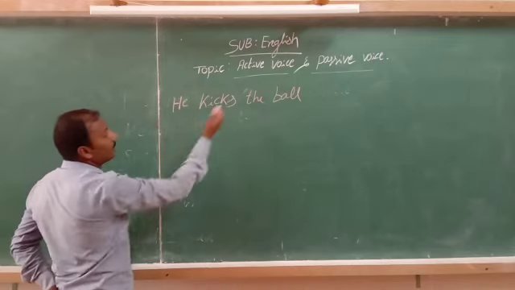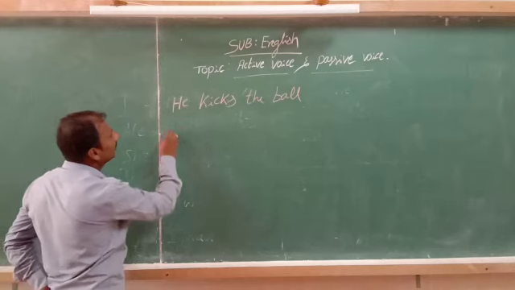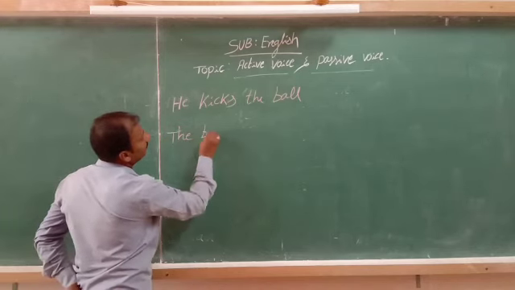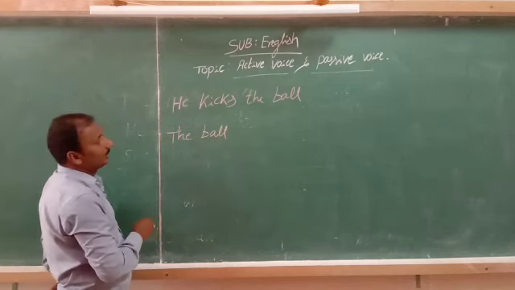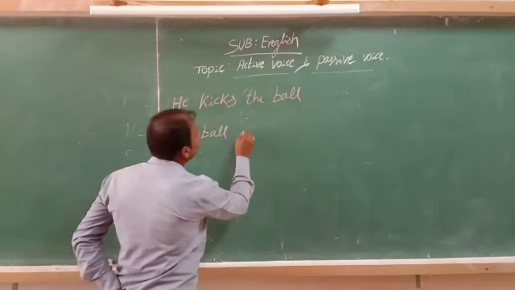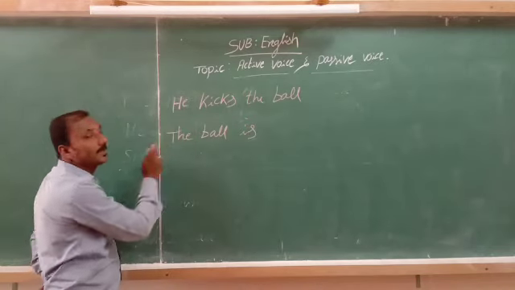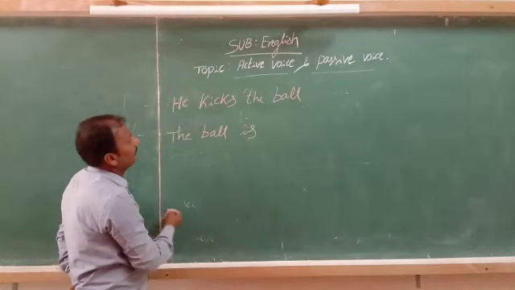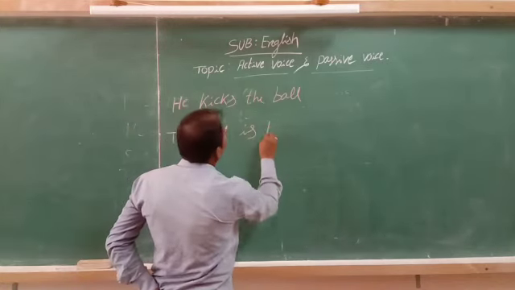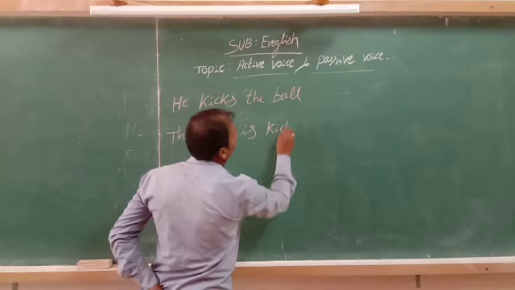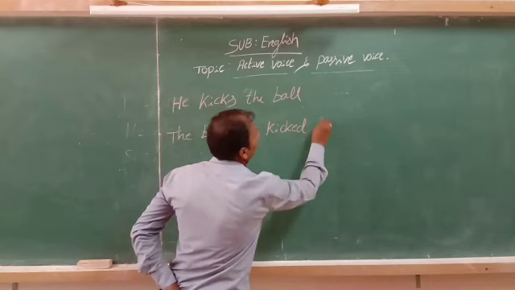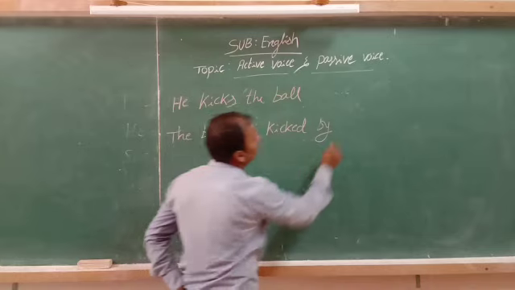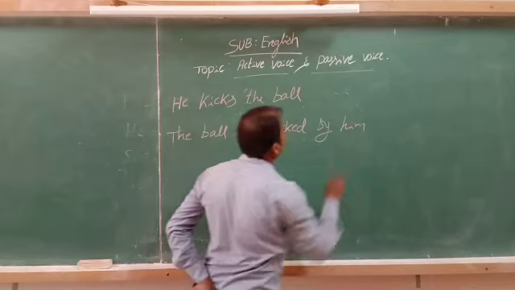So first the object becomes the subject: The ball is kicked by him. Because this is singular, we use the singular form of the verb, is.